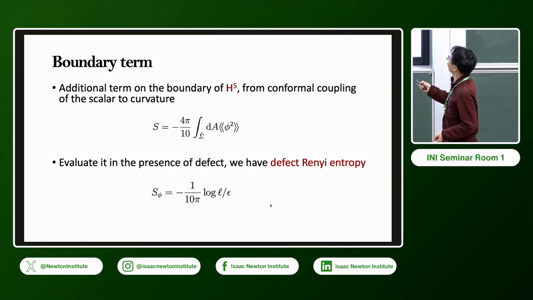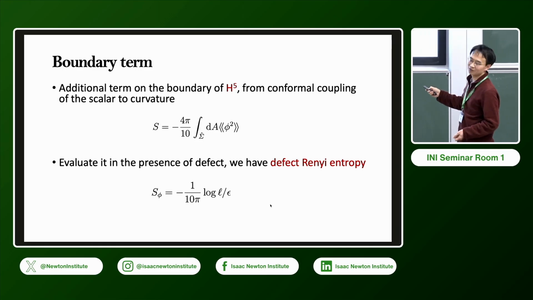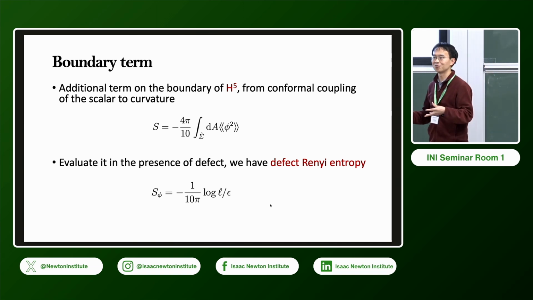With this defect, that term is essentially contributed by the conformal coupling, which is R phi squared. Because apart from the tip of the cone, all other curvature is trivial, usually we throw it away with R equal to 0. But now if you resolve the cone, it brings in some non-trivial curvature, so this R phi squared term is non-trivial.